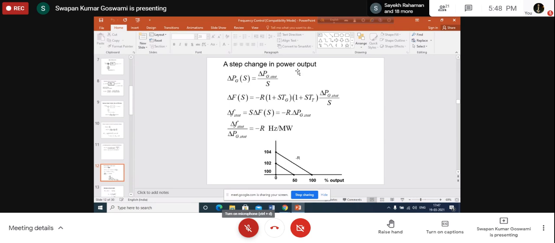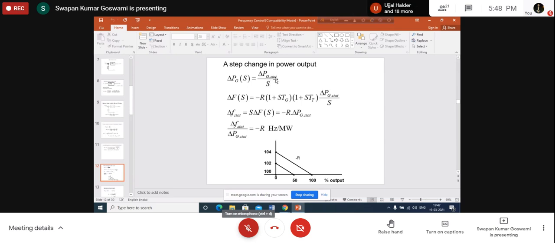The governor on its own can do this operation. This is called the throttling operation of the governor. Because of the throttling of the governor, more steam enters the turbine. As a result, there will be more power generation. And if this power is generated because of a step change in the load, we can say that delta PGS we may now write equal to delta PG stat by S.